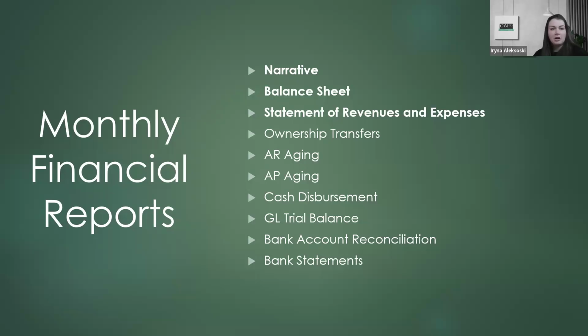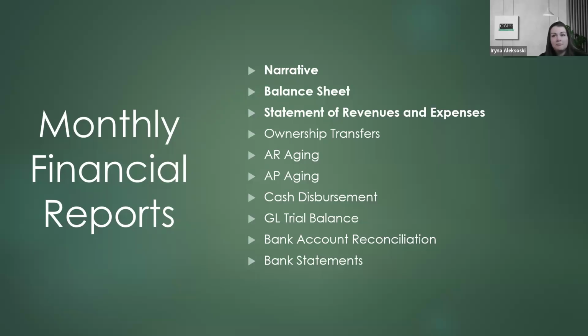So likely payment's going to go out early September, and in that case, it appears on the AP aging report. Cash disbursement report, this shows you all of the physical cash that has left the association's account during that month. So again, it could be payables from prior months, could be payables from that month, basically any cash, any transfers that happened during that period.